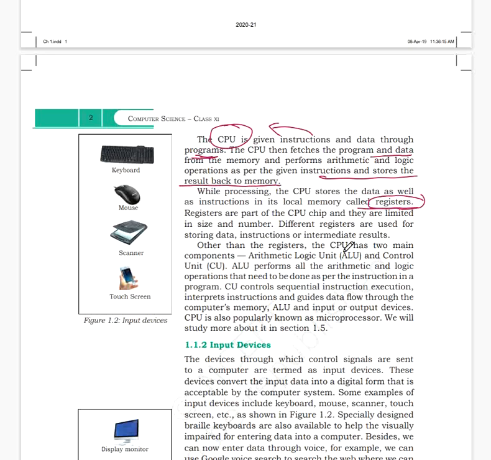Registers are used to store the instructions and the data locally by the CPU for the execution of instructions. If we have to execute an instruction like A plus B plus C, the CPU will first perform A plus B, and the result will be stored in a register. Then it will take C and add the register's data and C, and finally get the result.